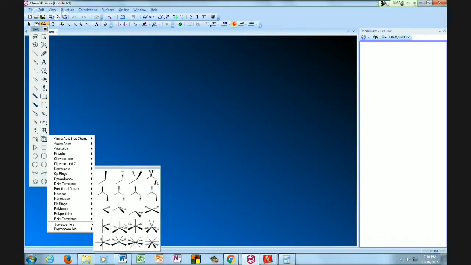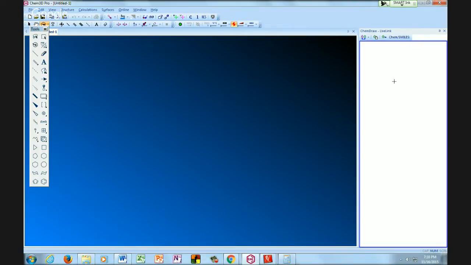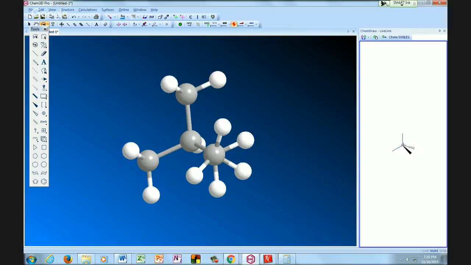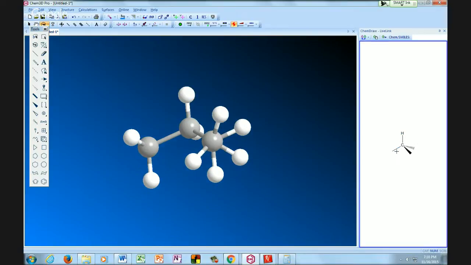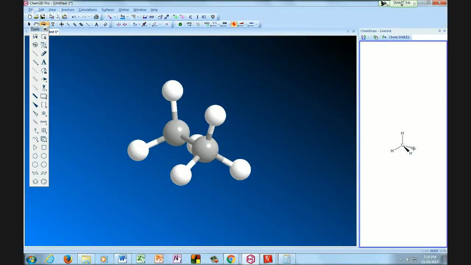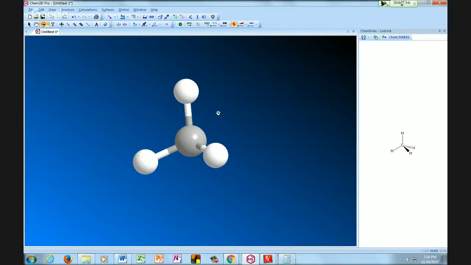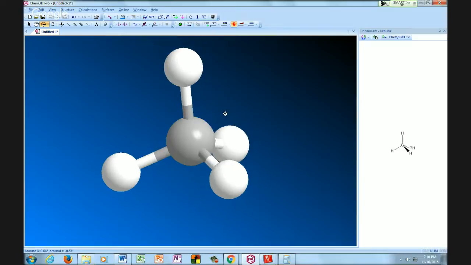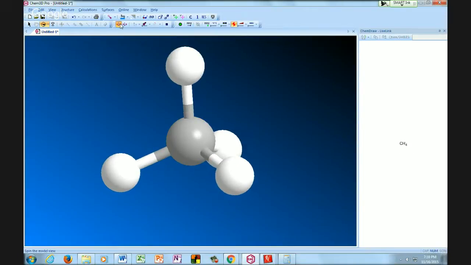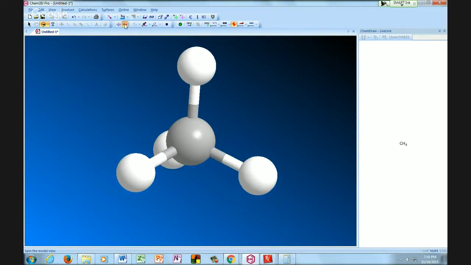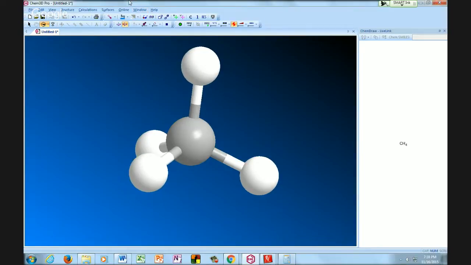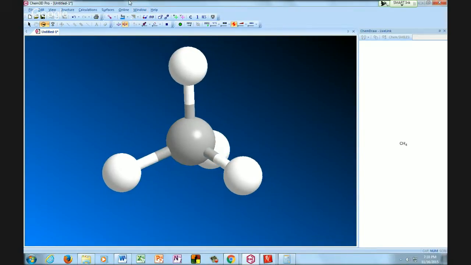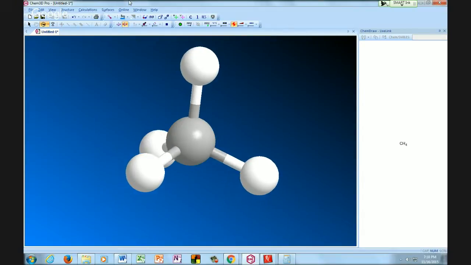So we're going to look at methane. And so you're just going to kind of let that wobble back and forth there. And you see that it's actually not cross-shaped or T-shaped at all.